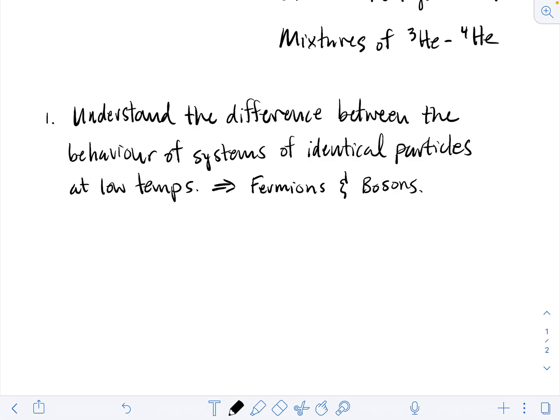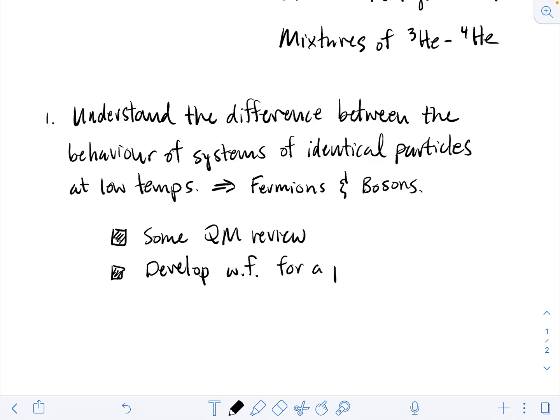And so in order to properly do that, we're going to have to do some quantum mechanics review. We're going to have to develop the wave function for a pair of identical particles.